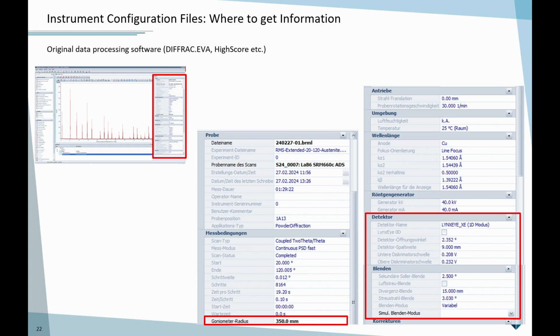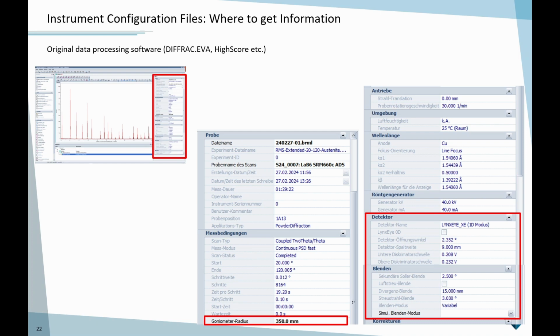The third option was to hack the raw scan file. So many instrument manufacturers nowadays use XML-based file formats. And XML files, maybe you are familiar with HTML files from websites. It's the same syntax, basically.